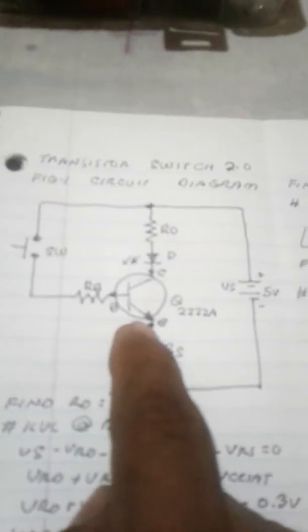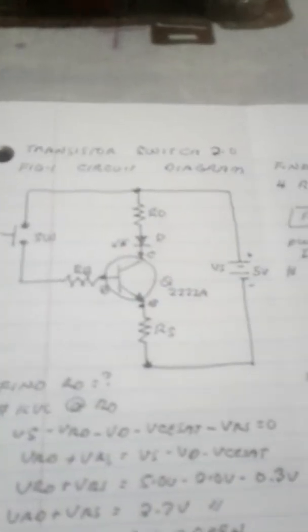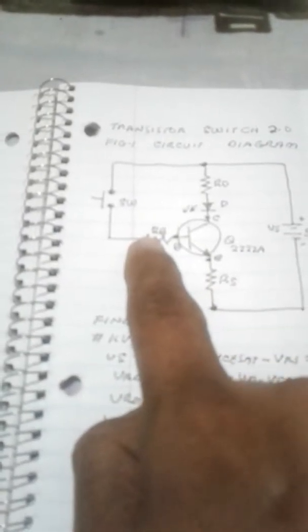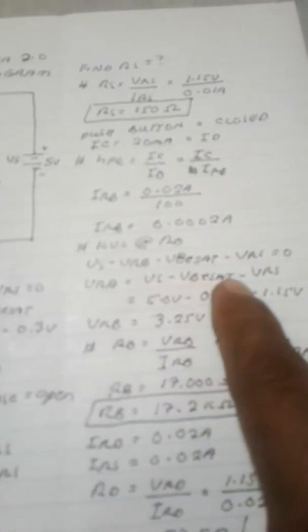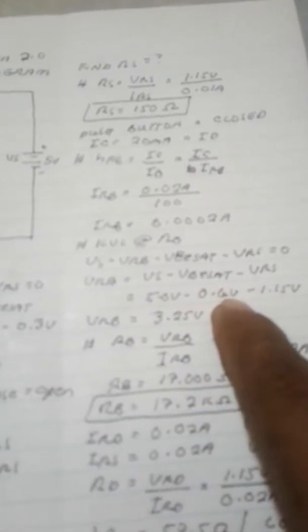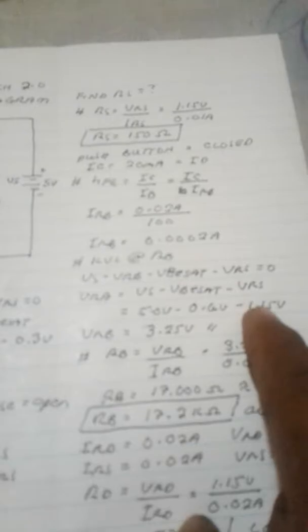We have 0.6 volts drop here at the transistor, and the voltage drop of the RS, or the pull down resistor. We now know the voltage supply. We don't know the voltage of the base resistor. We know the voltage drop here and also the voltage drop here. We get here VS minus VBE sat minus VRS: 5 minus 0.6 base emitter saturation, which conducts the transistor in saturation mode, minus 1.15.